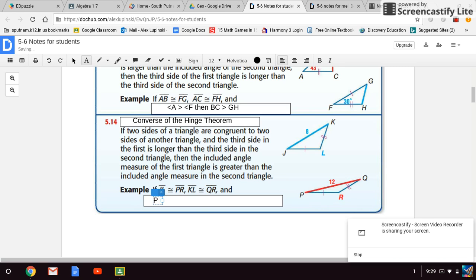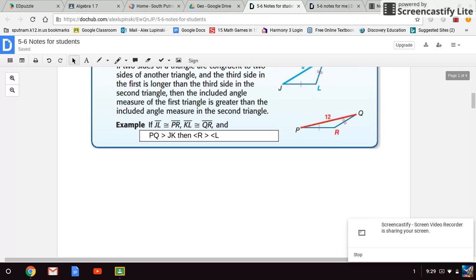So we can say PQ is larger than JK. Then the opposite angles have that same inequality. So angle R is going to be larger than angle L, or the angles opposite of those sides.